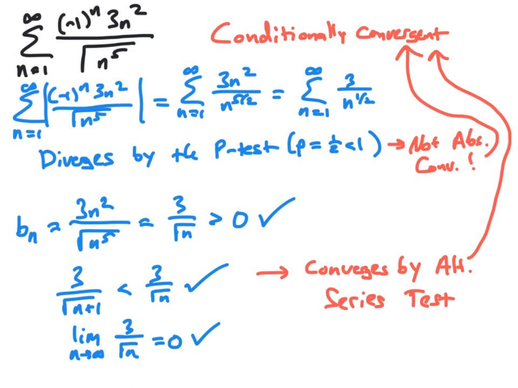And the limit as n approaches infinity of 3 over the square root of n is also equal to 0. And so the alternating series test properties all hold here, and therefore our given series is known to converge by the alternating series test. And since we have the series of absolute values not converging and the series itself converging, these two facts imply that our given series conditionally converges.